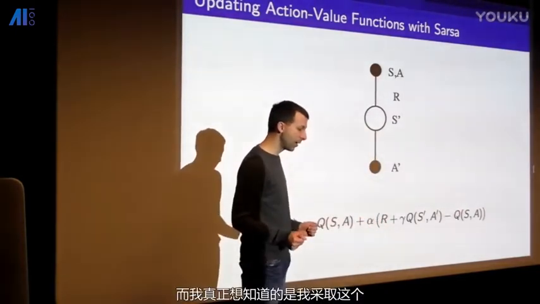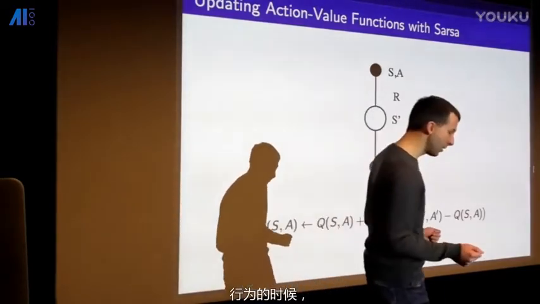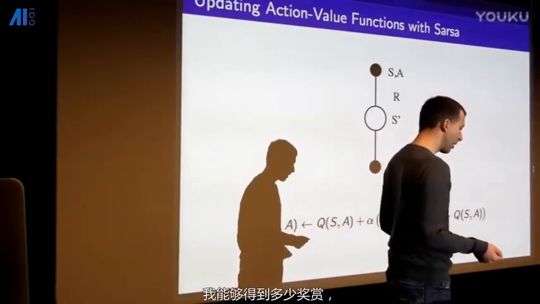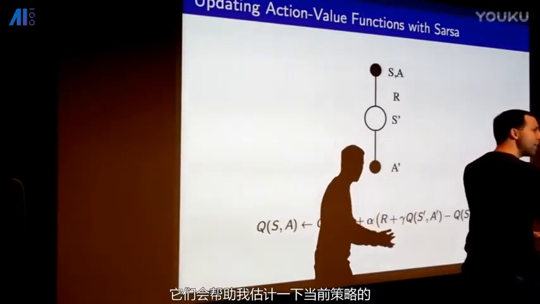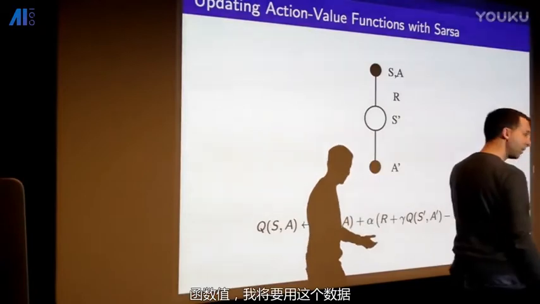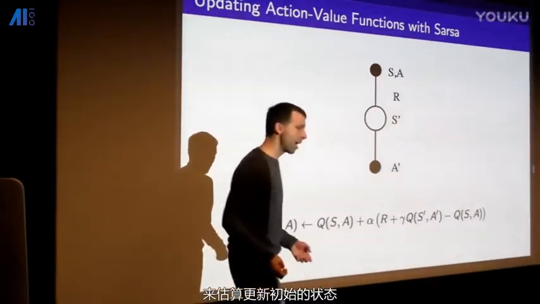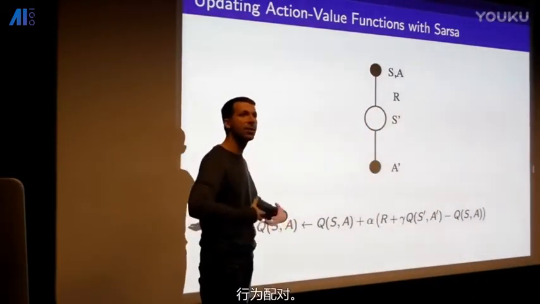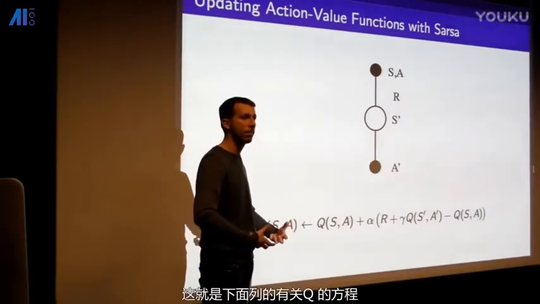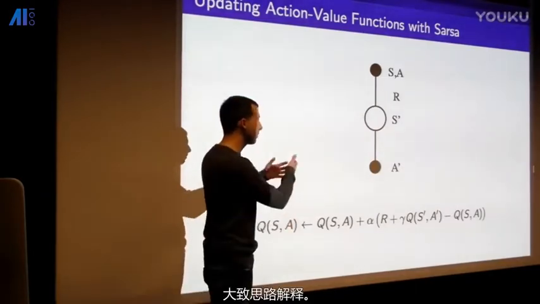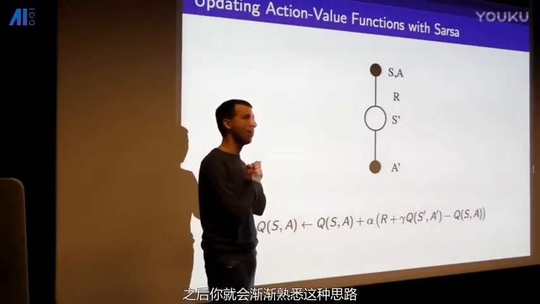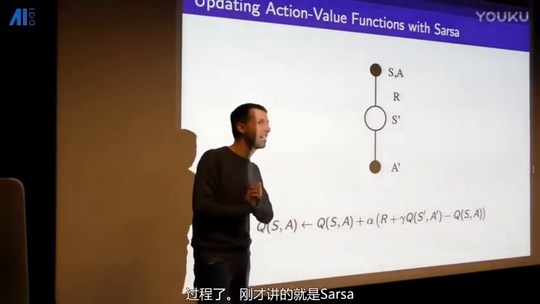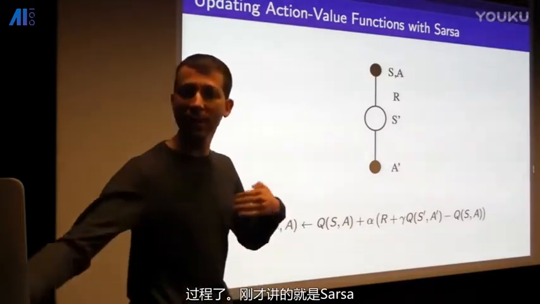I want to know, if I actually take that action, the reward I got, and then the value of the next action which I would take. That gives me an estimate of the value of this policy, and I use that estimate to update the value of the state action pair I started in. That's the general idea. This comes from the Bellman equation for Q, which we've hopefully seen before. So that's a SARSA update.